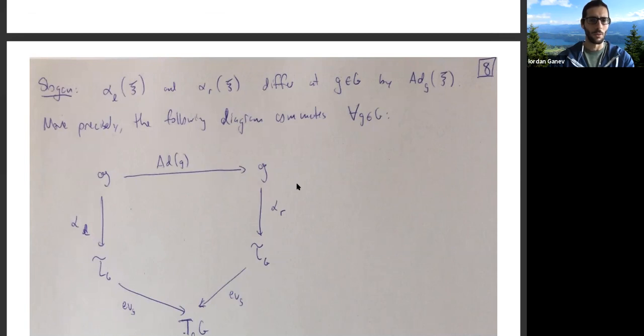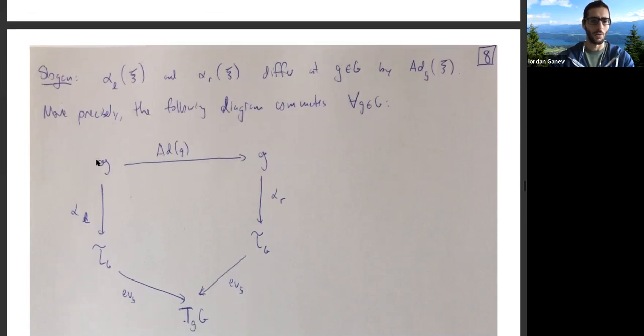So to be a bit more precise, we have the following commutative diagram. So if we have G, the Lie algebra, and then we do the adjoint action by an element in the group, and then we think of each of these as vector fields through the inclusion of left invariant and right invariant vector fields. So the source we think of as a left invariant, the target we think of as a right invariant vector field.